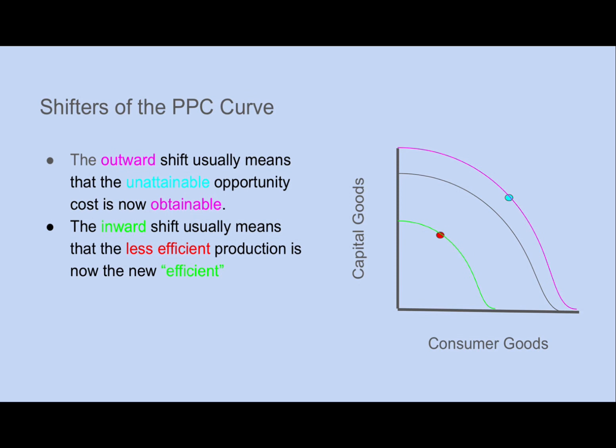The inward shift from the regular line to the lime line, which intersects with the red dot of inefficiency, means that the less efficient production is now the new efficient, due to uncontrollable factors such as an uptick in unemployment. Maybe there's a war that destroyed most of the land and capital, or some other extraneous events.